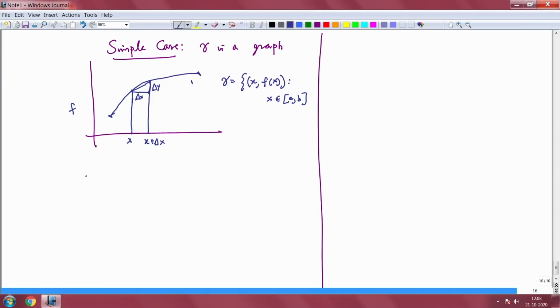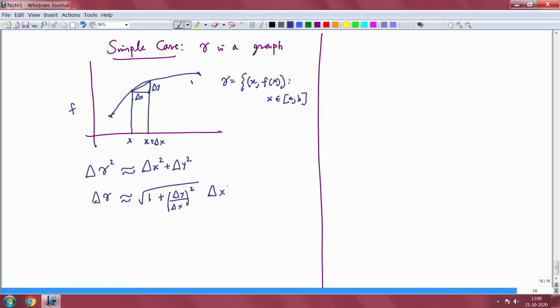So, your delta gamma squared is approximately delta x squared plus delta y squared. I am only giving a very intuitive picture; you have to make it rigorous, and there is a much more general theory if you want to learn it. So, your delta gamma is approximately the square root of (1 plus (delta y by delta x) squared) into delta x.